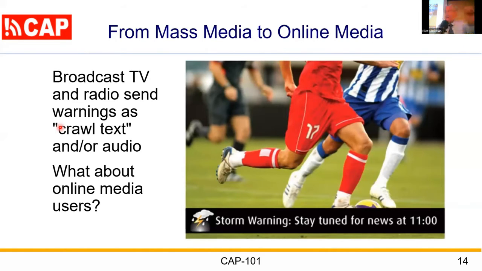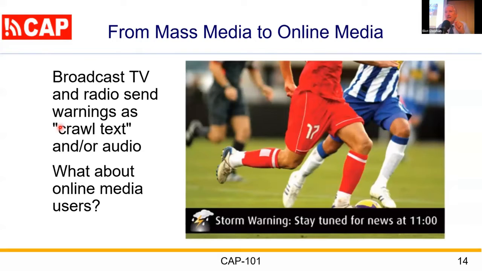So television stations insert a crawl text. Radio stations insert an audio message. And this public-private collaboration has required decades to implement, and it still consumes huge ongoing investments in specialized technology.